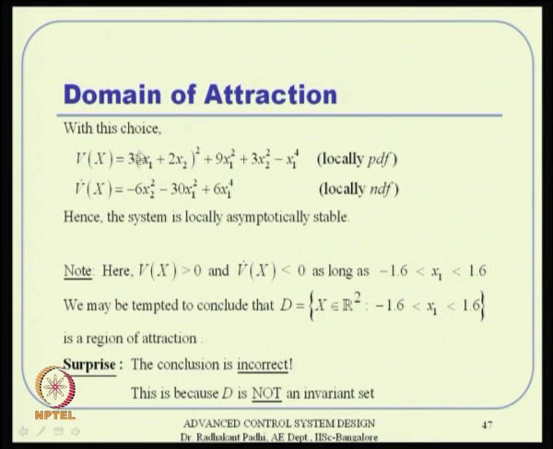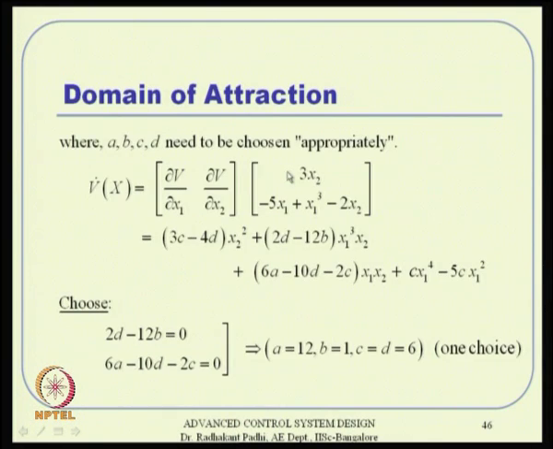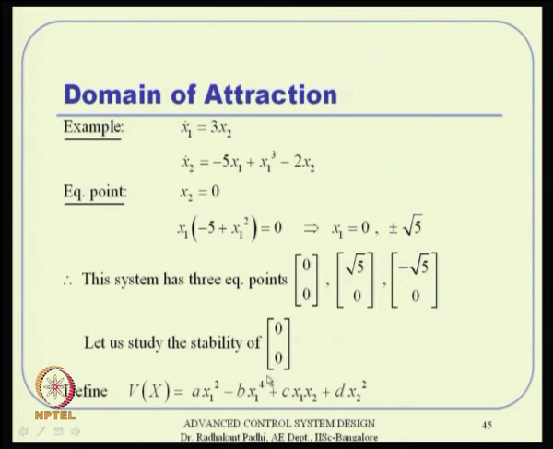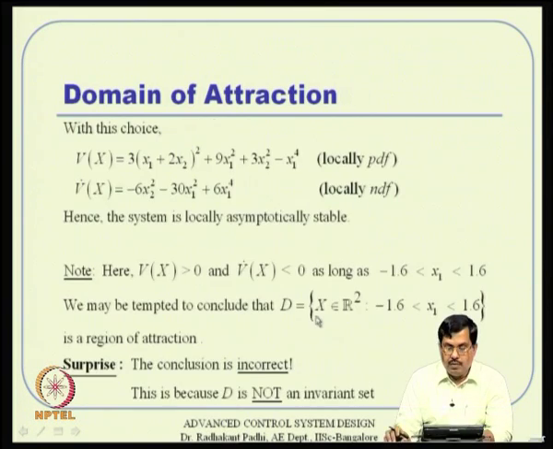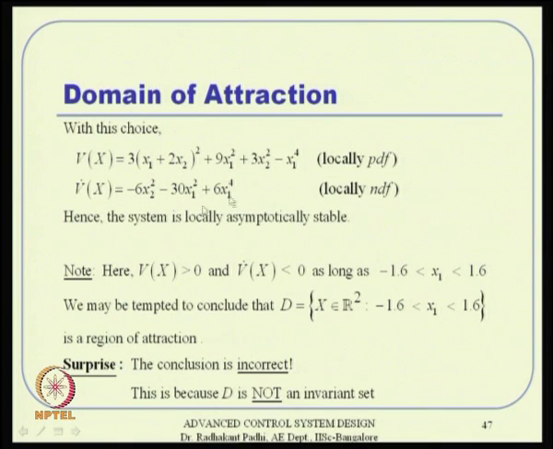Then it turns out that V of x turns out to be like that with that particular selection. Remember, a is 12, b is 1 and all that in this expression. If you substitute there, then V of x turns out to be like that and V dot turns out to be like that. If you analyze a little bit carefully, remember x 1 to the fourth is less powerful when x 1 is close to 0. So, this negative x 1 fourth will not be very punishing.